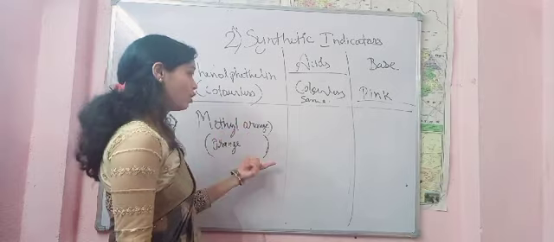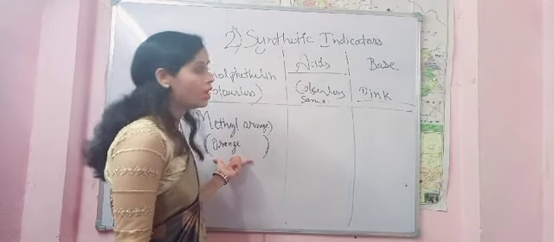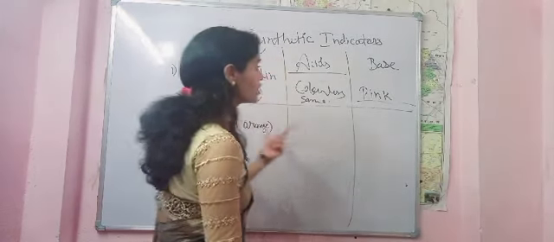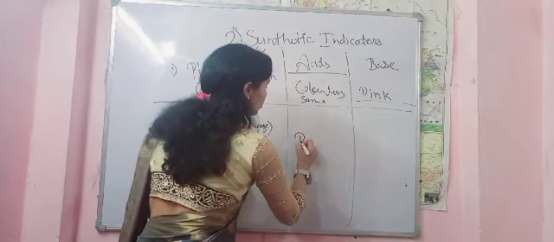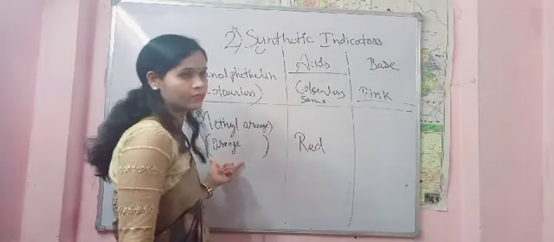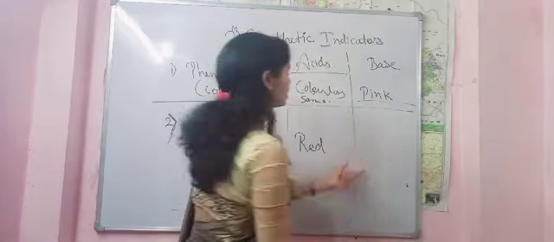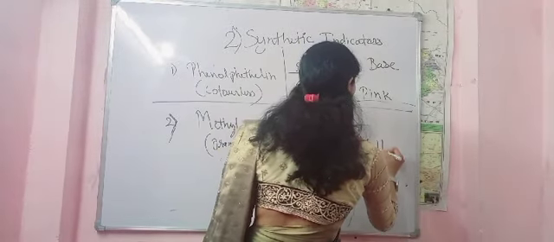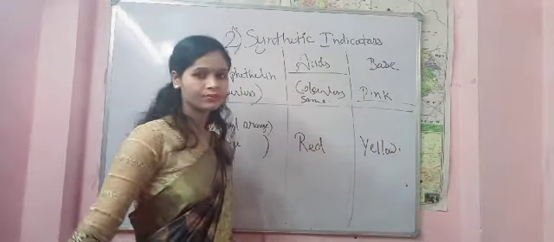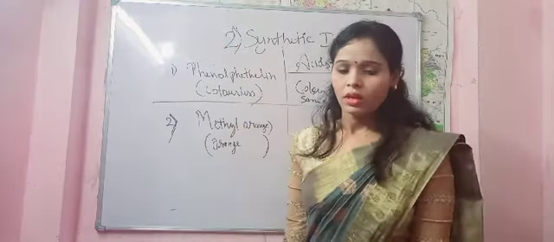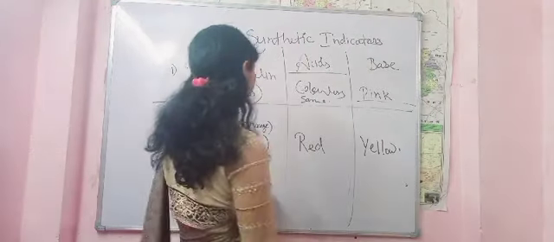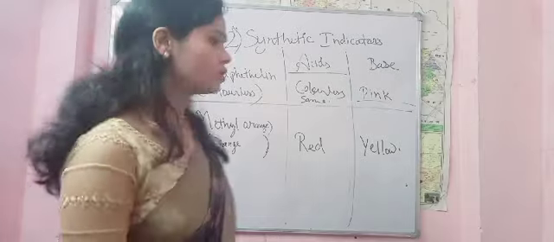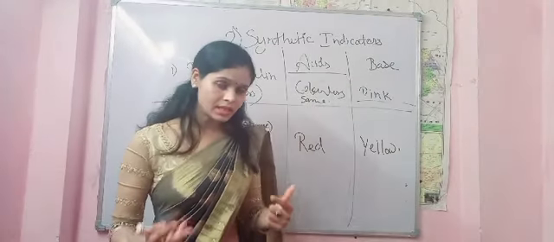But for methyl orange, the original color is orange, and in acidic solution the color changes to red, but in basic solution it changes to yellow. So these are the indicators.